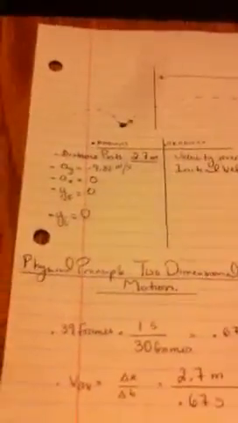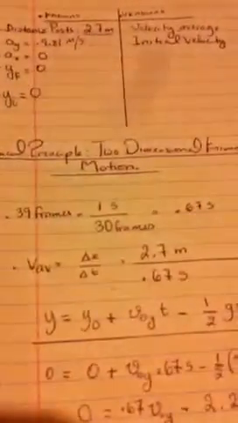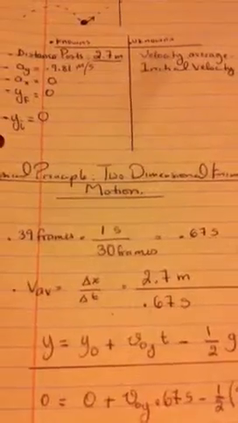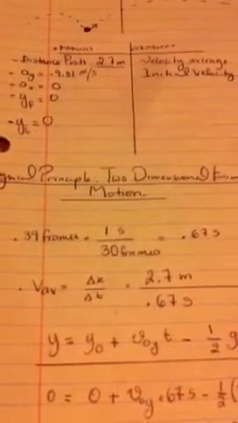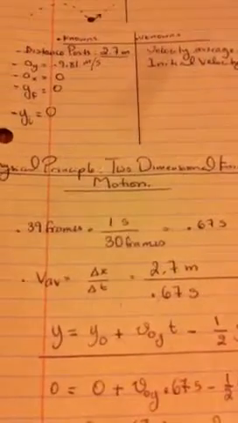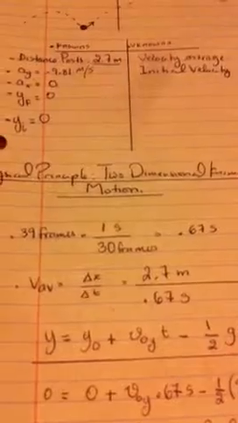The physical principle we're talking about here is two-dimensional kinematics, dealing with motion. First, we figure out the time frame we're dealing with. From the first bounce of the ball to the second bounce, we have 39 frames. The video tells us that the ratio is 1 second per 30 frames.